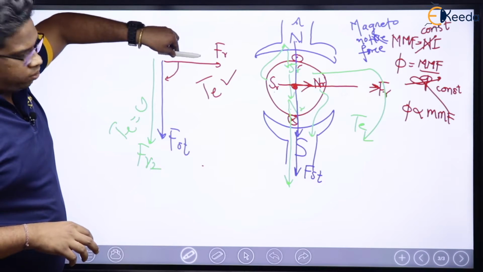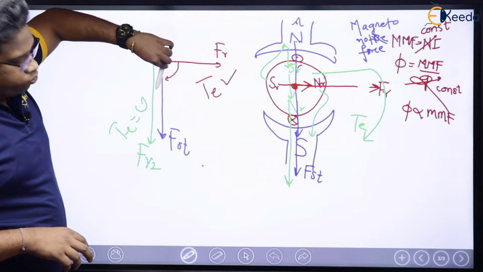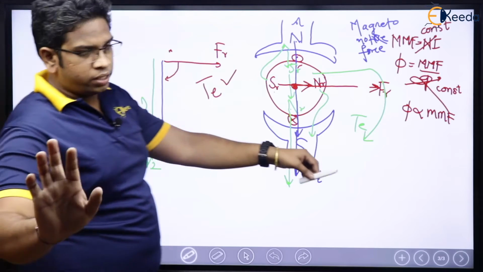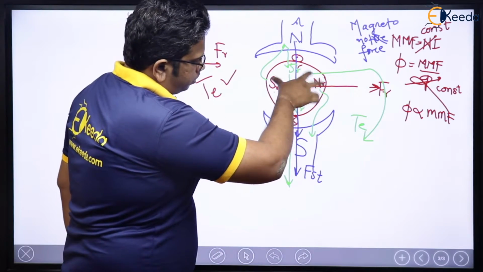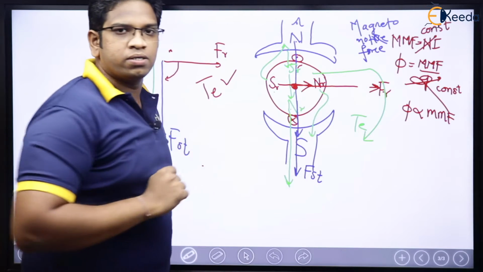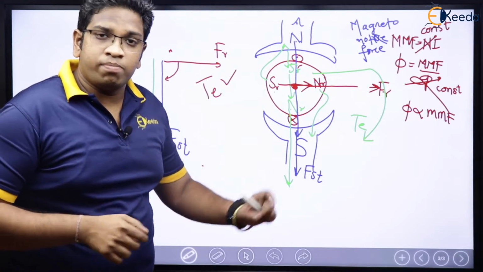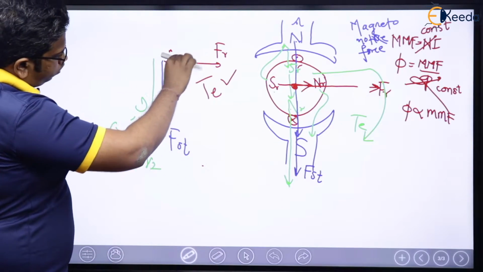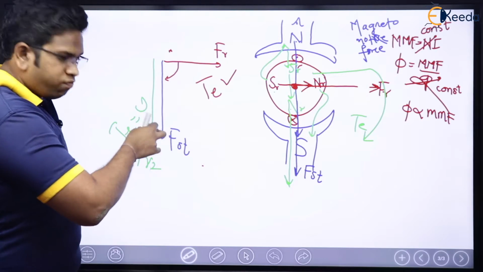The moment my rotor is rotating like this, SR came here, NR came here, right? Because of which the direction of my MMF also changed from FR to FR2.